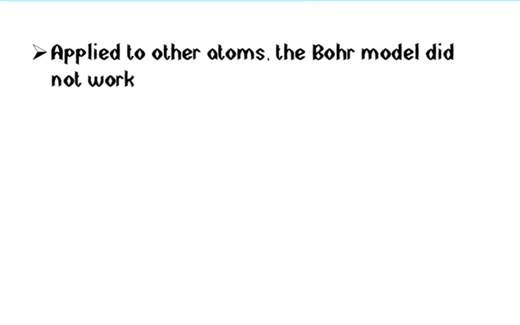So the Bohr model turned out to apply only to the hydrogen atom, but it did not work for the other atoms, say copper, sodium. It did not work for all others except for hydrogen. So it was very difficult to adapt.